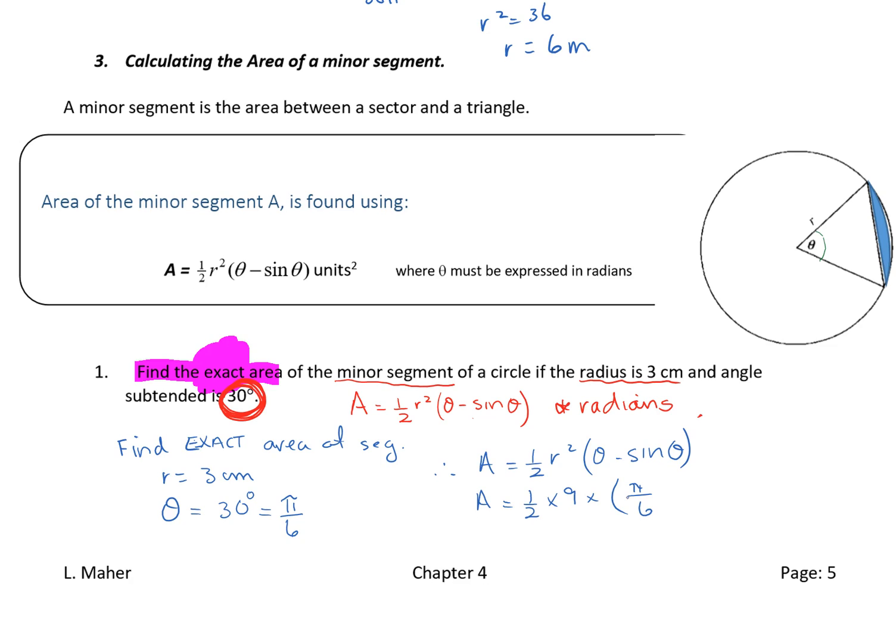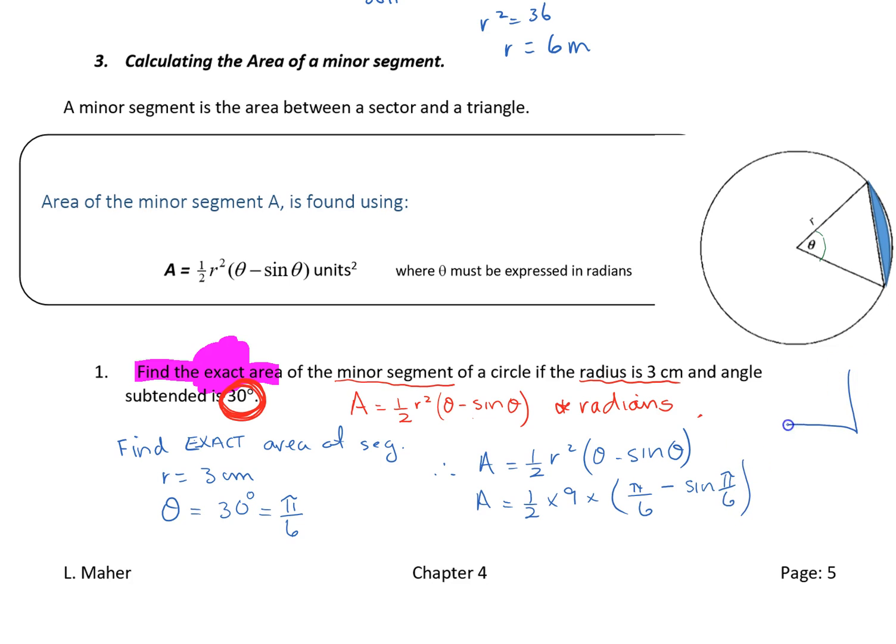There was a question in last year's HSC that required the use of this formula. Some students did not use the radian value for theta there and clearly were marked incorrect. Minus the sine of pi on 6.